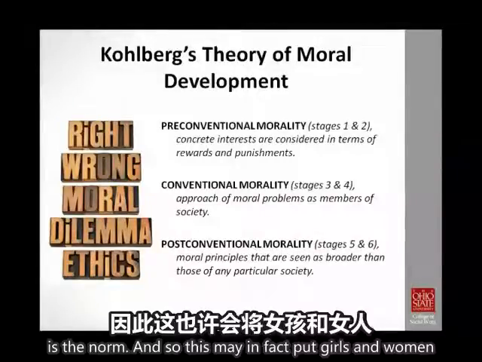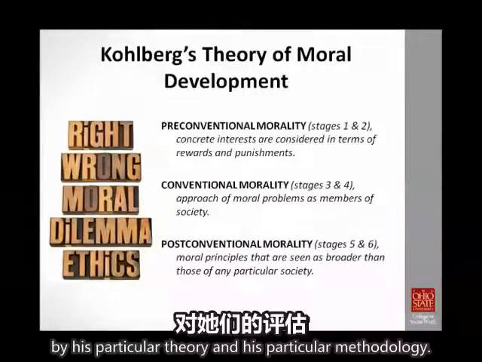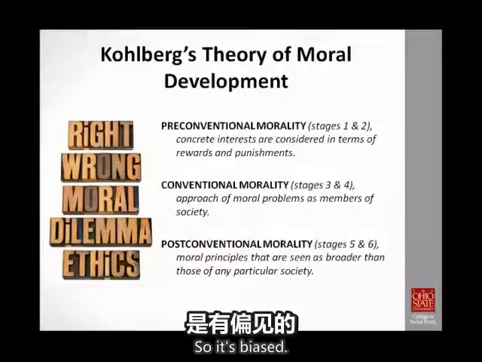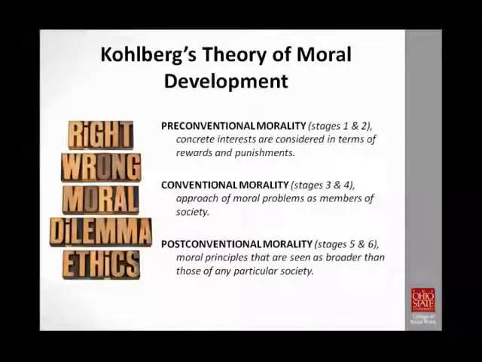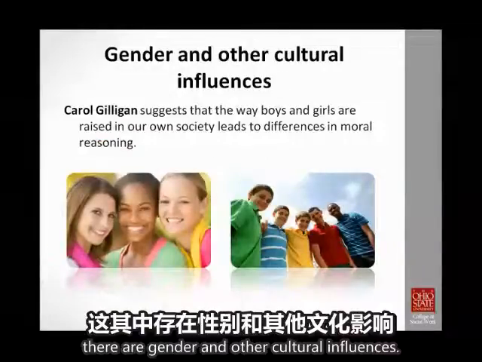And so this may, in fact, put girls and women at a disadvantage as far as how they are assessed by his particular theory and his particular methodology. So it's biased. Carol Gilligan in particular suggests that there are gender and other cultural influences.